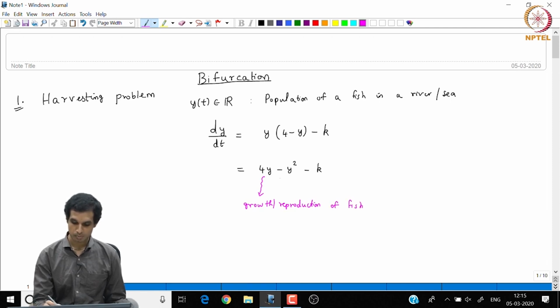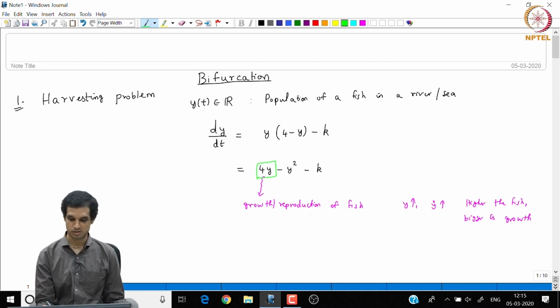The more the fish, the more they reproduce. The higher the fish population, the bigger the growth rate. To capture that proportionality, we introduce this term 4y. So, this 4y captures the growth or reproduction of the fish, but it cannot grow forever.